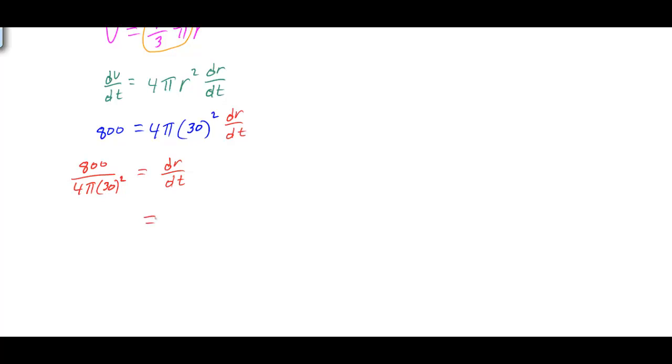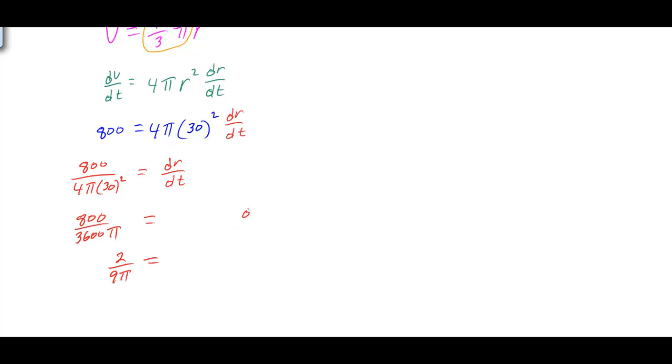If we simplify this, we get 800 over 30 squared times 4, which is 3600. Then 800 over 3600 we can reduce to 2 over 9 pi.